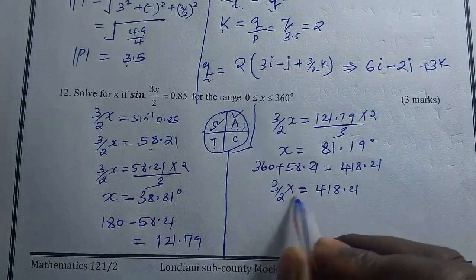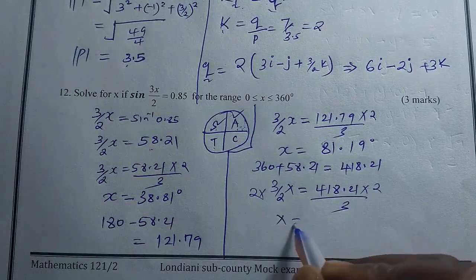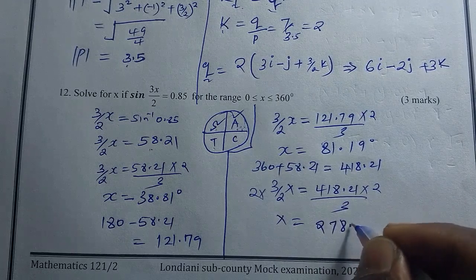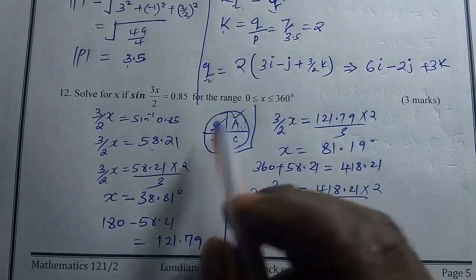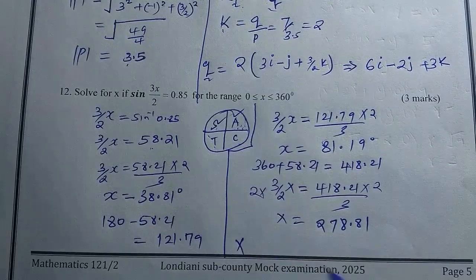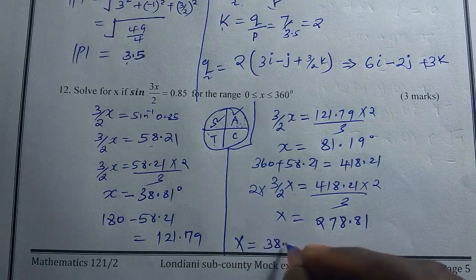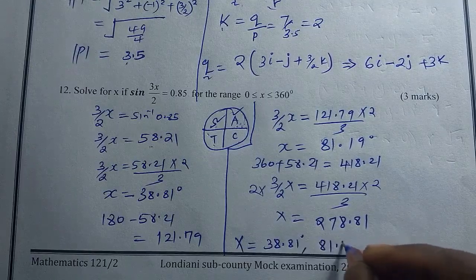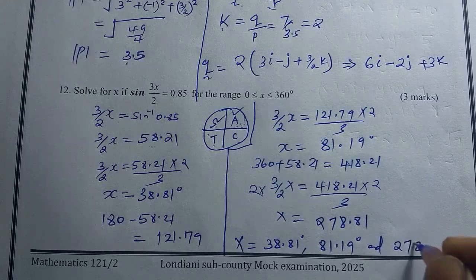Multiply times 2 divided by 3. That one will give us x, which is 278.81. So you can clearly see that if you go to the next one, it is going to be beyond 360. Therefore, the values of x are equal to 38.81 degrees, 81.19 degrees, and 278.81 degrees.